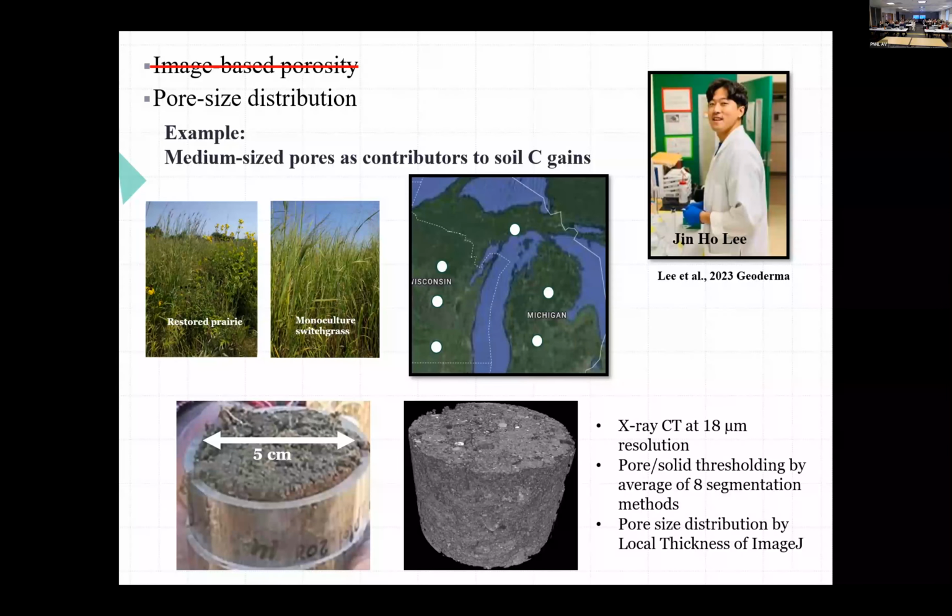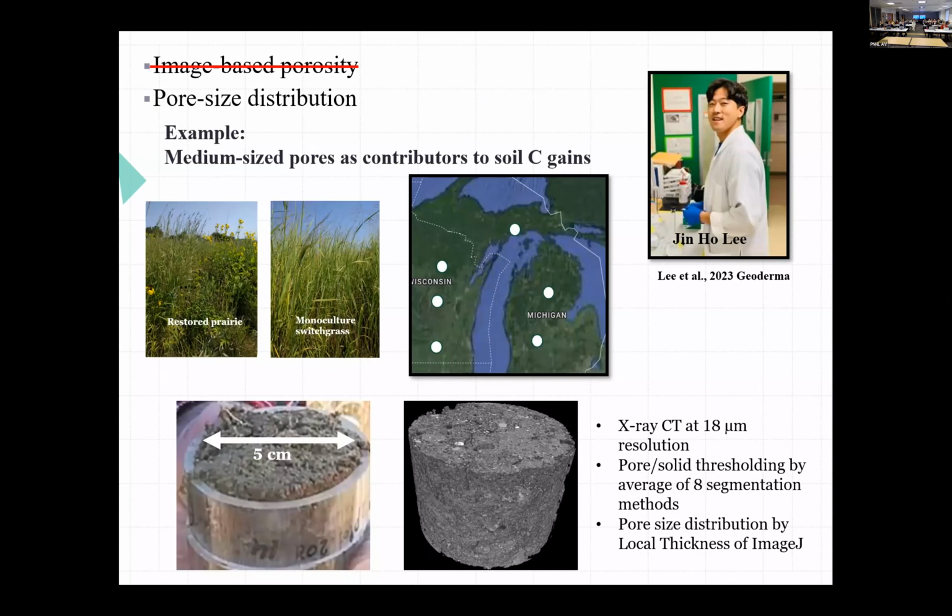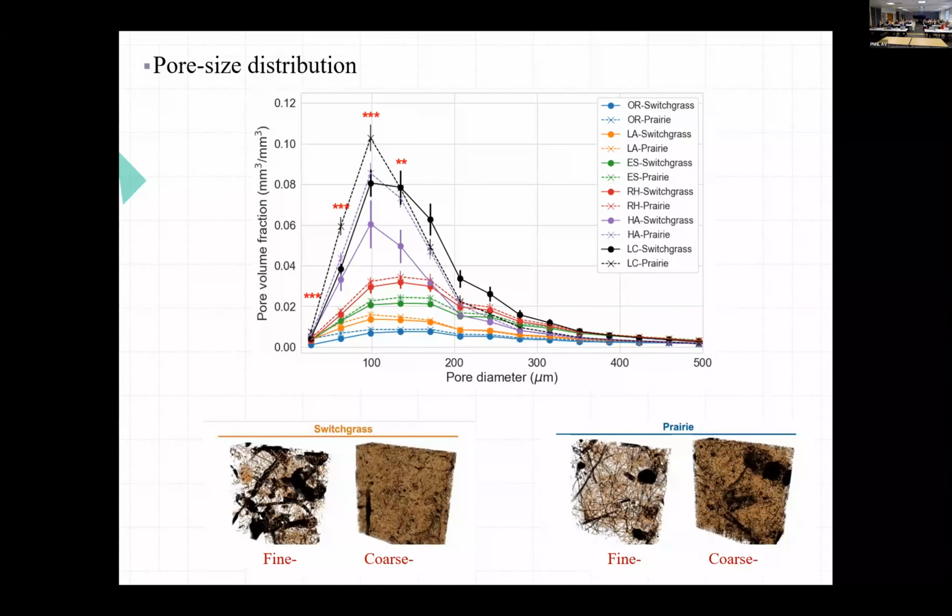And here are just some of those image processing and scanning elements, some of what you've heard from Tomas about. The scanning resolution was 18 microns. Jinho wasn't happy with using just a single thresholding method for solid segmentation, so he used 8 and then averaged what he got, and that's how he got his pore size distribution.